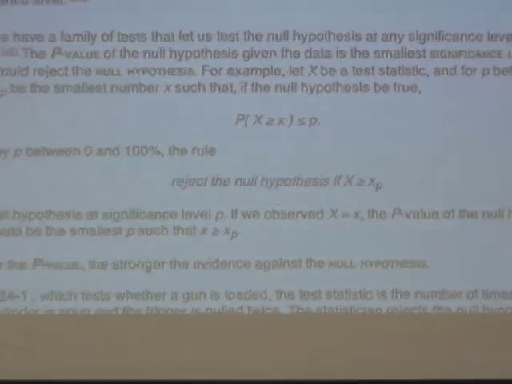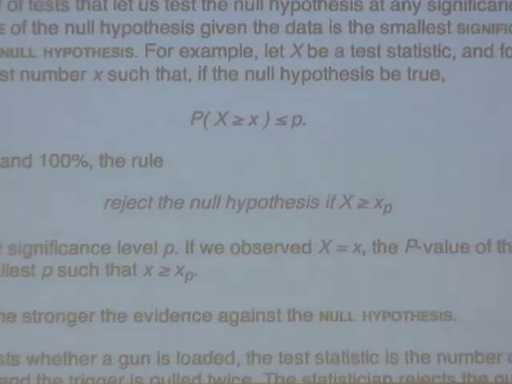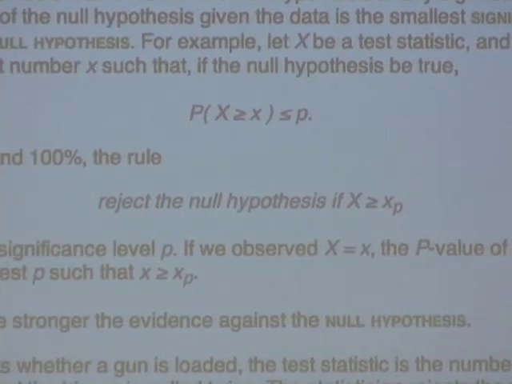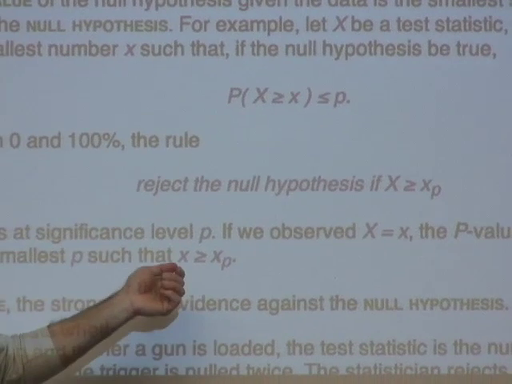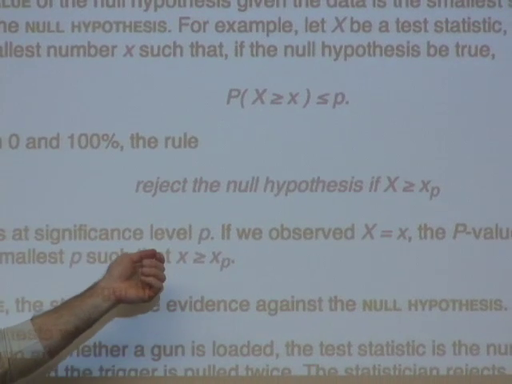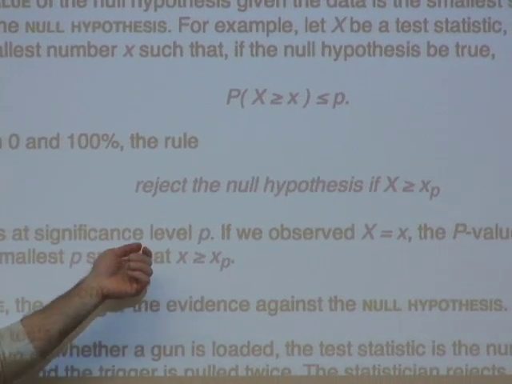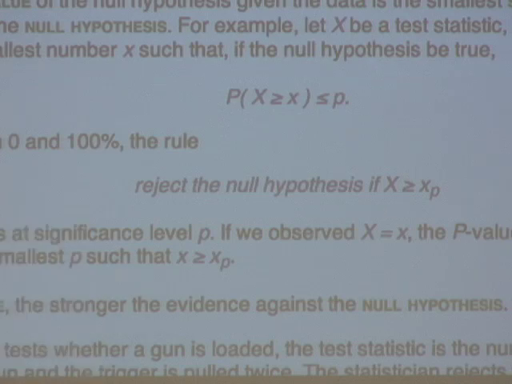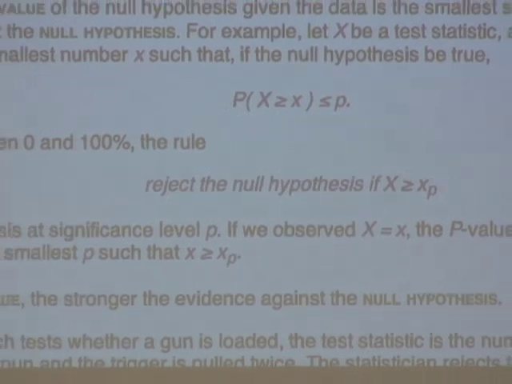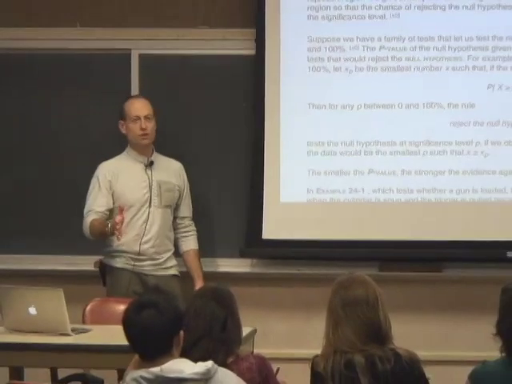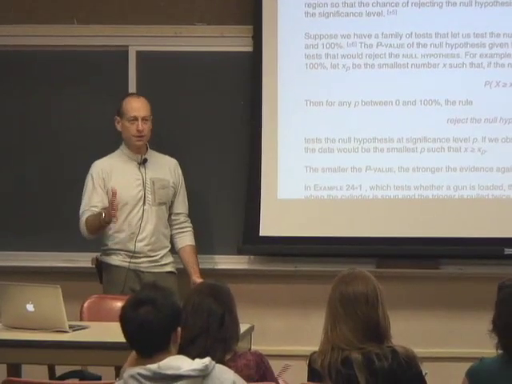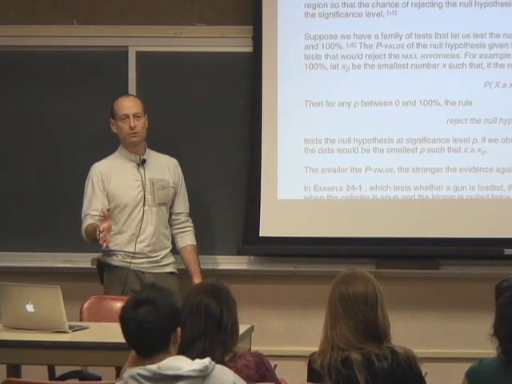All right. So what is a p-value? Well, a p-value would be the smallest value of p for which we would reject the null in this setup. Okay, so normally the setup for hypothesis testing is you pick a significance level, like say 5%. I'm willing to have a 5% chance of incorrectly concluding that the null is false when the null is in fact true.